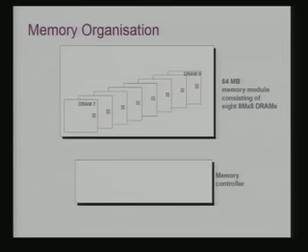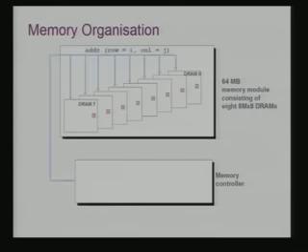How is memory really organized? Here I am showing a 64 MB memory module consisting of 8M by 8 DRAMs. You generate the address with row I and column J. So, effectively all these cells get selected.